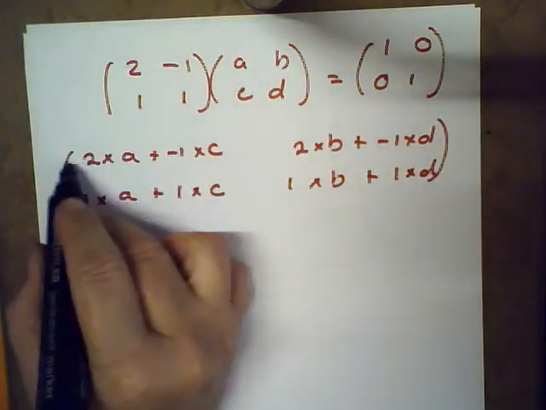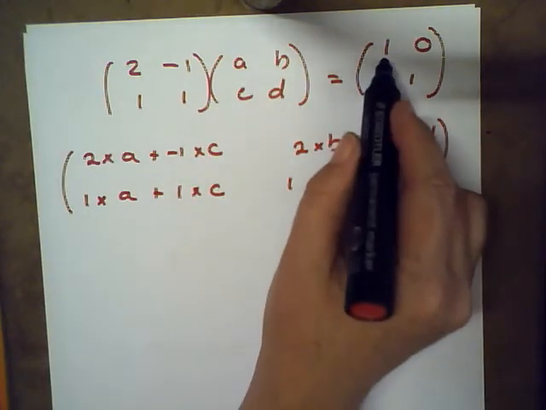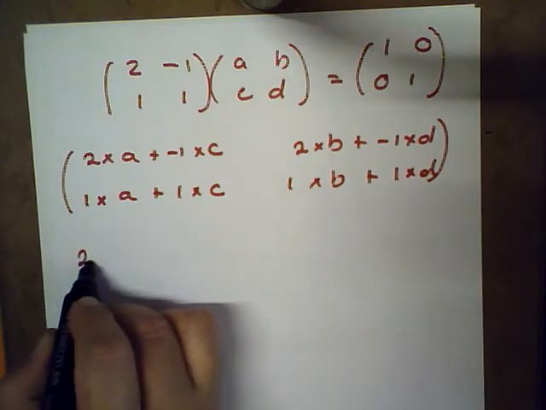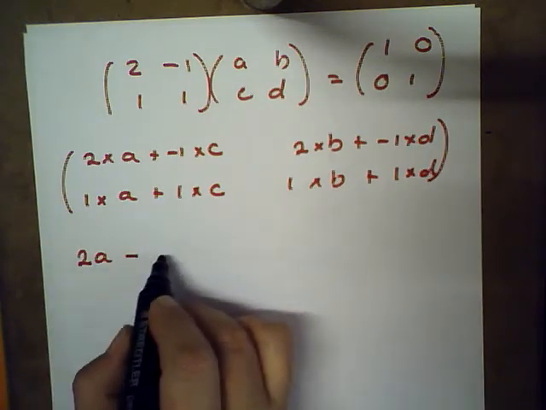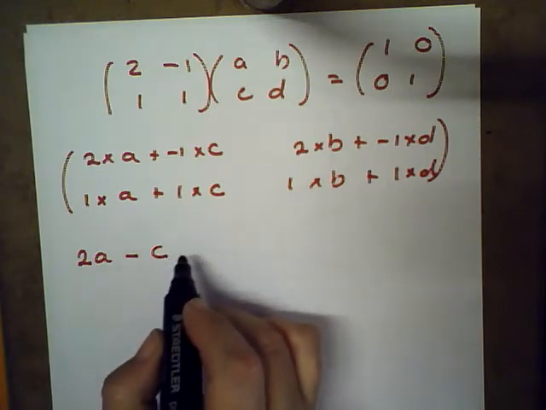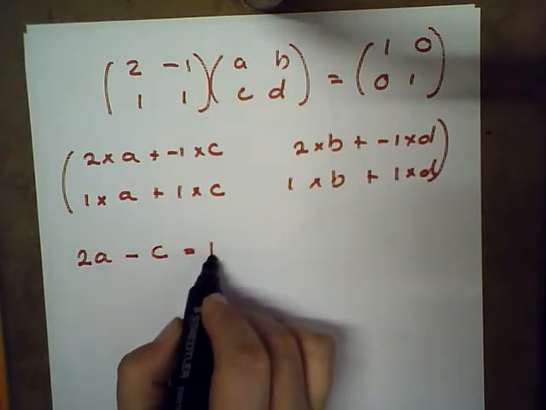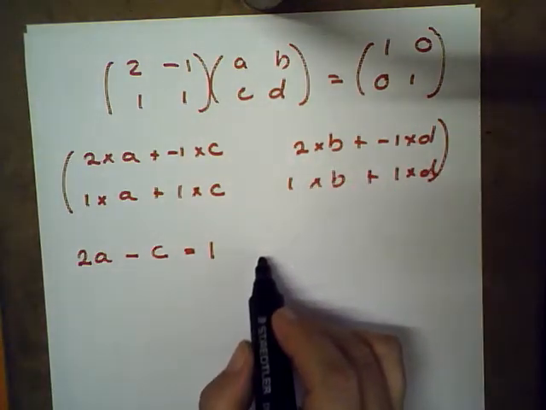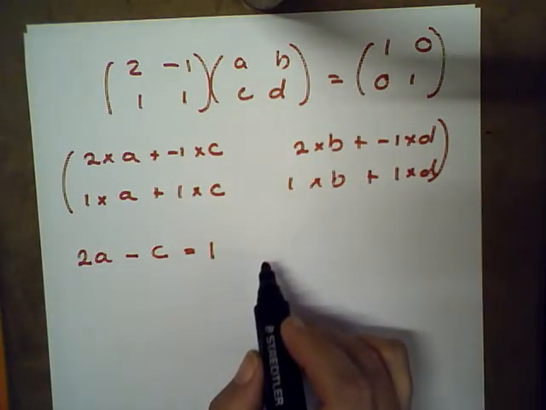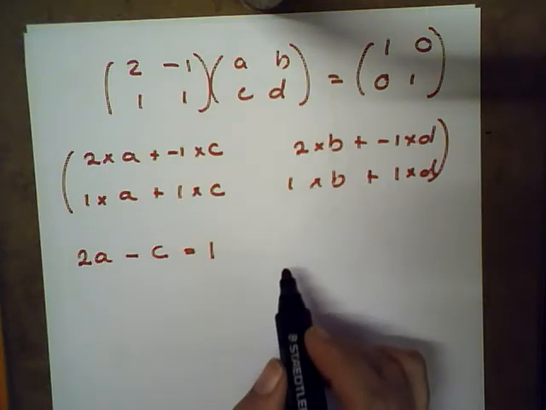Okay, this resultant would be equal to 1. So 2a minus c would be equal to 1. Okay, and then if I substitute that would give me 2b. Oh, let me just look at this.